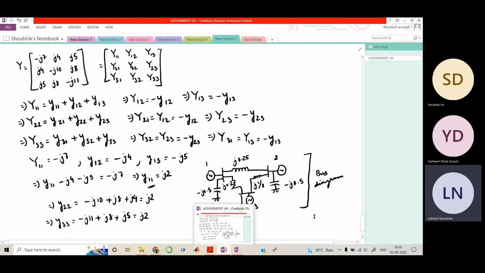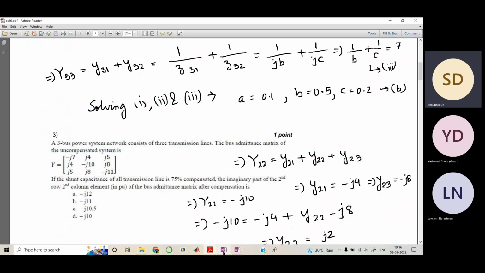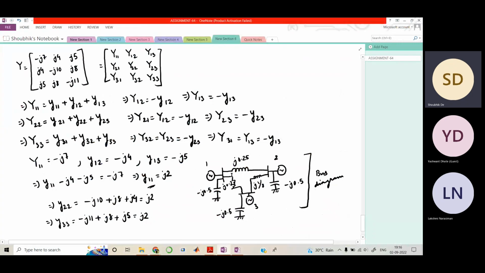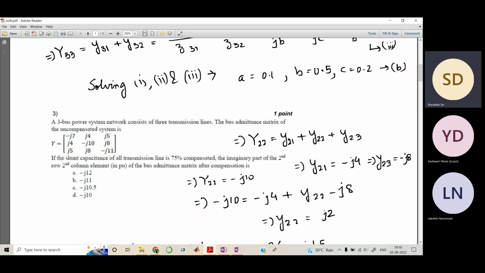Okay. Now going back to the question. So this is the diagram of an uncompensated system. If you see the question, the bus admittance of the uncompensated system. Now they are saying that if the shunt capacitance of all transmission lines is 75% compensated.